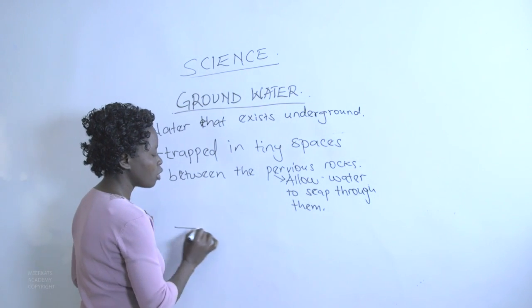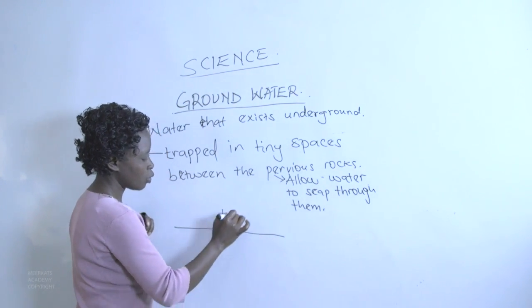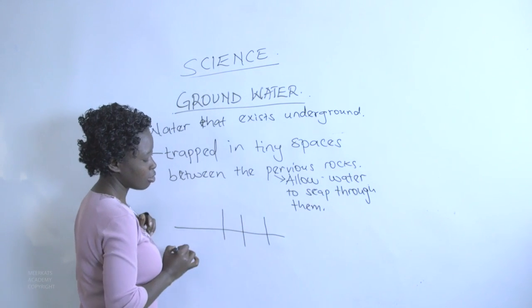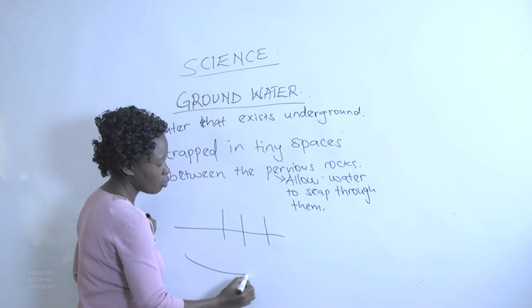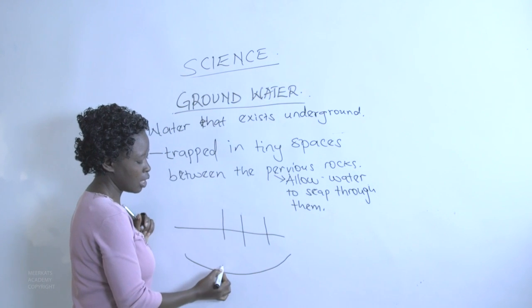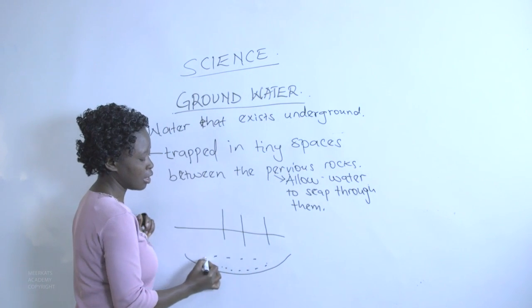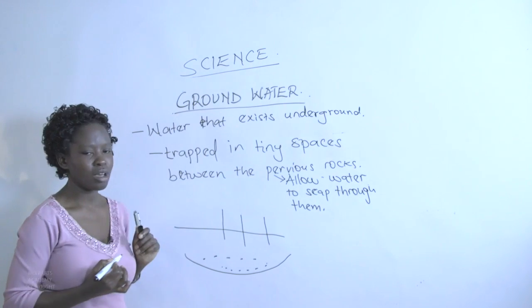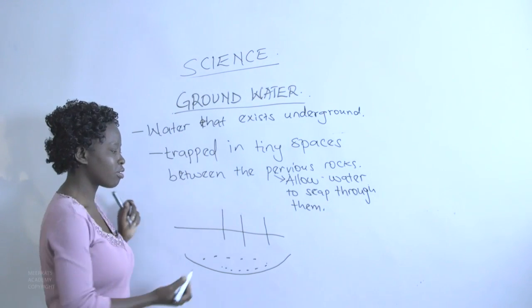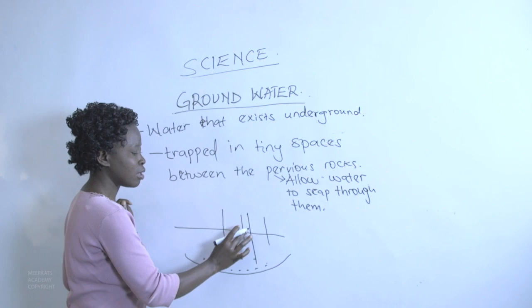So we are having water seeping through the pervious rock. Then as it seeps through the pervious rocks, it moves into the lower layers of the rock such that it is collected. And in the process, the water will be tapped onto the surface, maybe through wells.